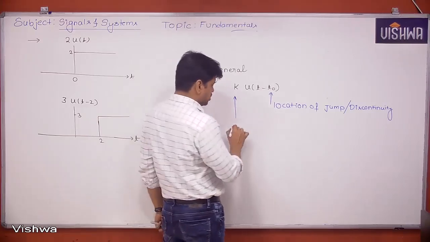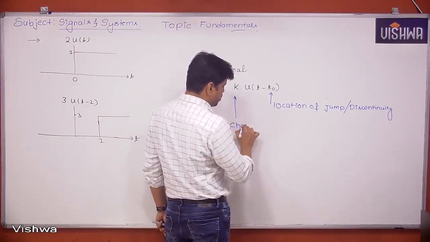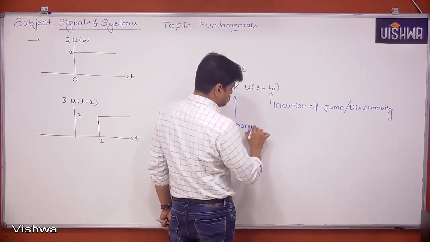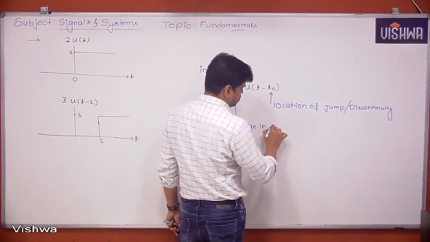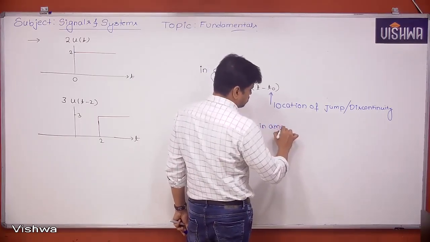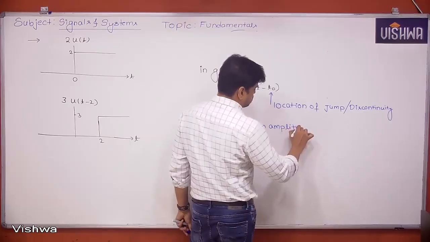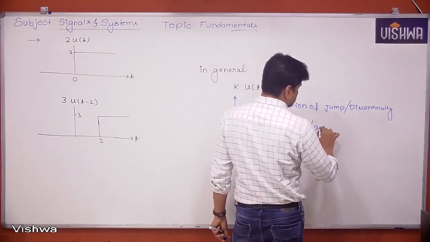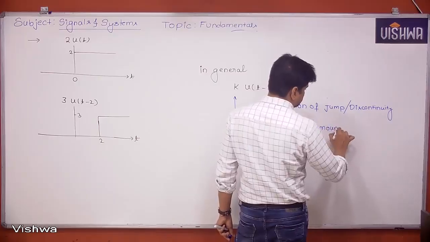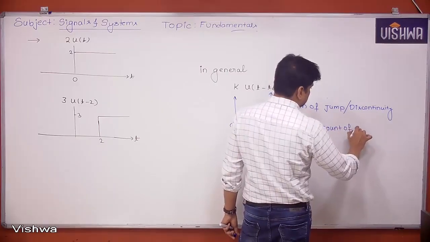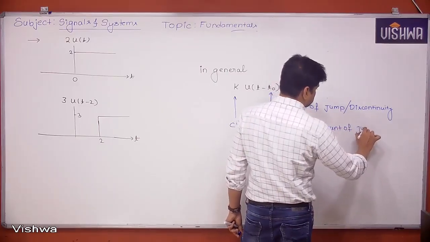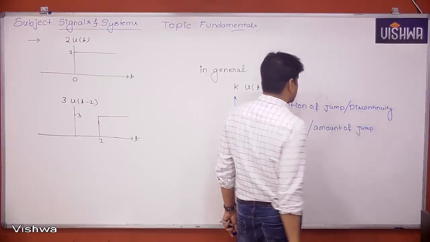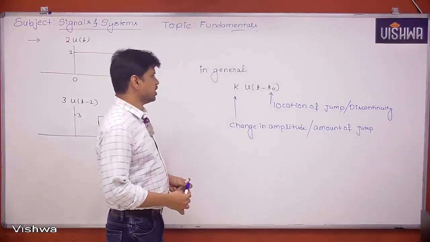This is nothing but change in amplitude or amount of jump. That's what the k indicates.